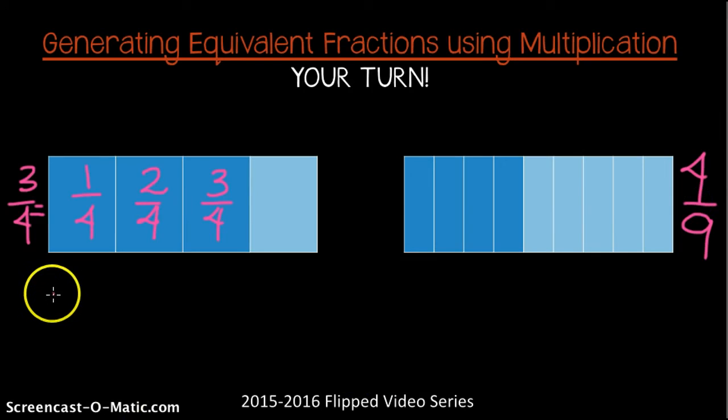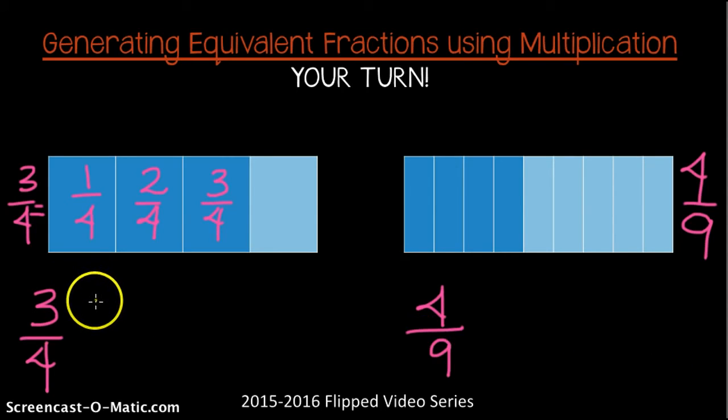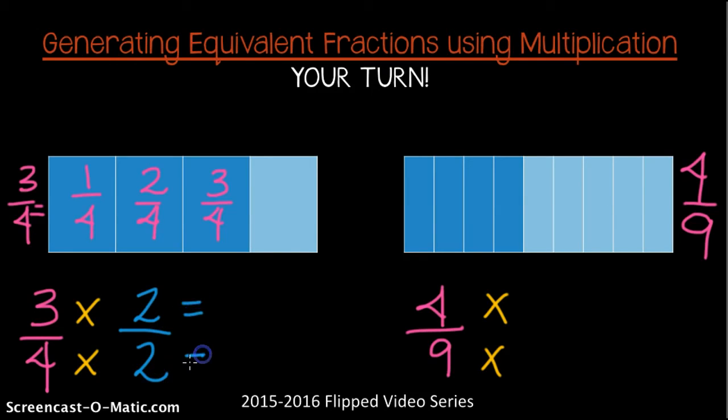So, what I'm going to do is I'm going to set up a problem down here for you, and then you try it out. 3/4, 4/9. I want to multiply this by a different set of numbers. Let's go ahead and give 2 a try, and let's see what you come up with to find an equivalent fraction there.